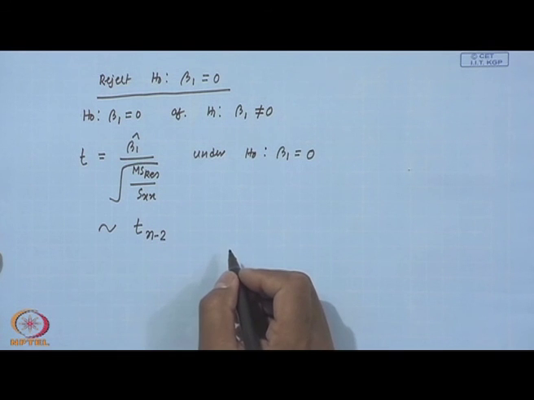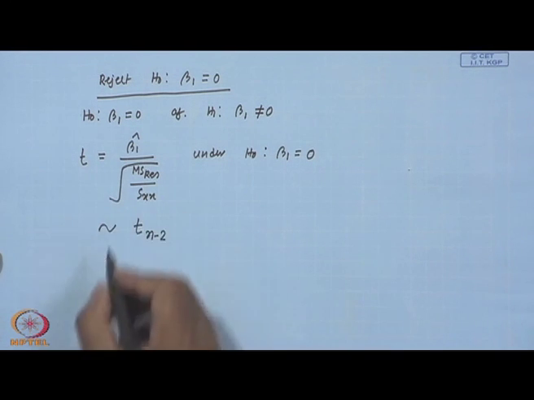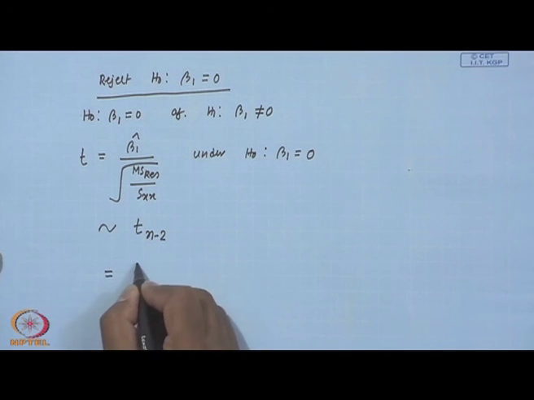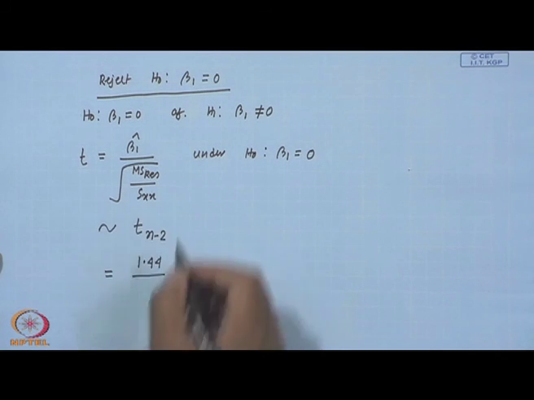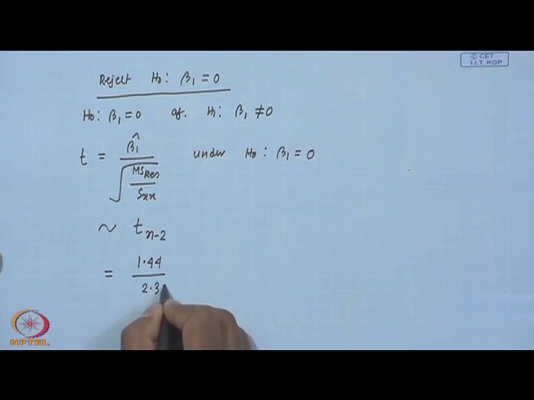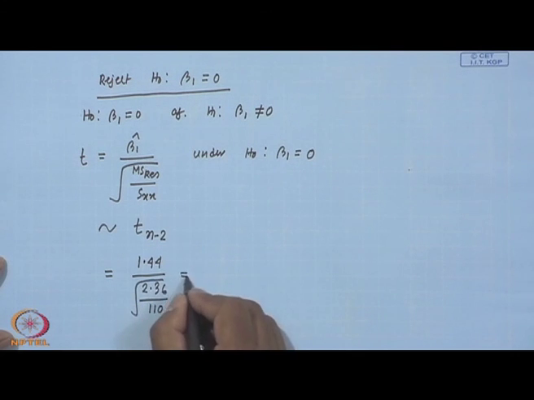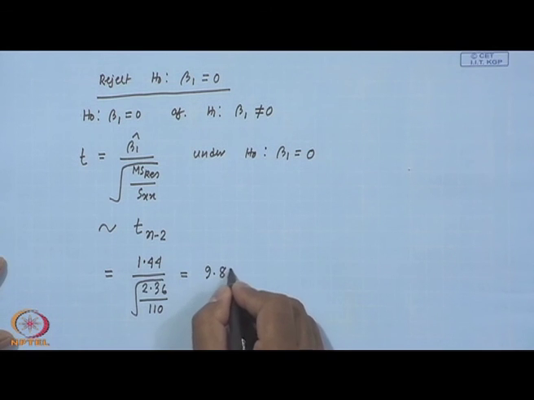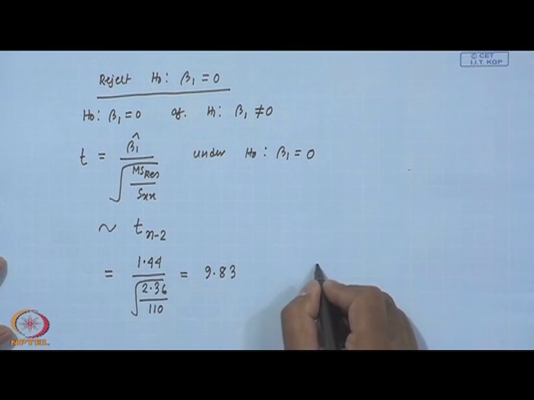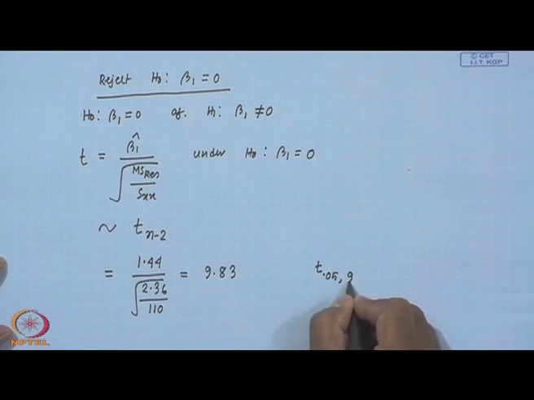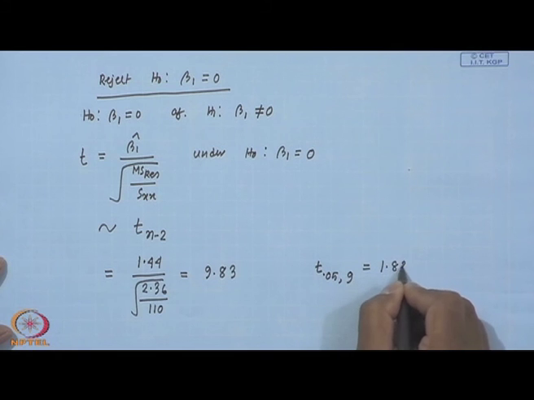So, here it is 9, and you can check that this t value, with beta 1 hat is 1.44 and MS residual is 2.36 and S_xx is 110, is 9.83. Okay. And now you look at the tabulated value of t, that is t 0.05 with degree of freedom 9, that is equal to 1.833.